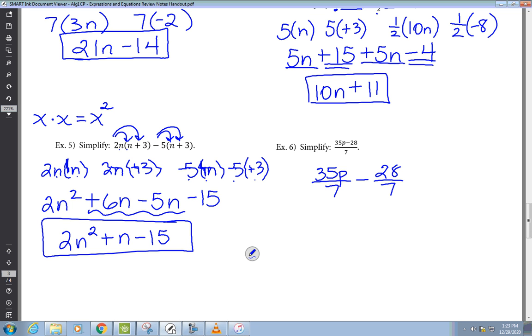And then you simply divide them out. 35p divided by 7 is 5p, minus 28 divided by 7, 4. So you're left with 5p minus 4. So if you're dividing by a single term, it's pretty simple to divide out.